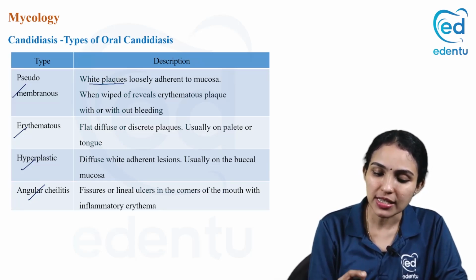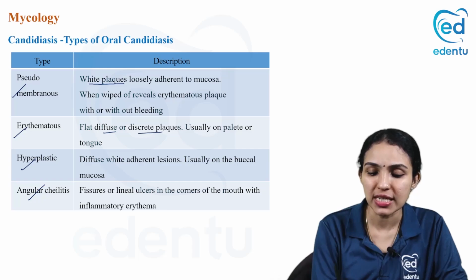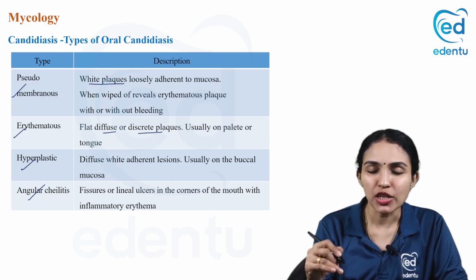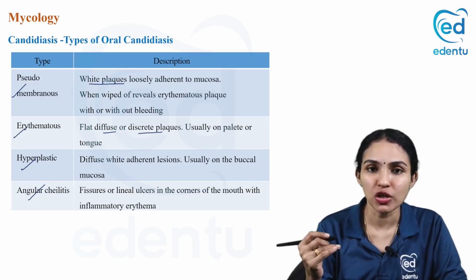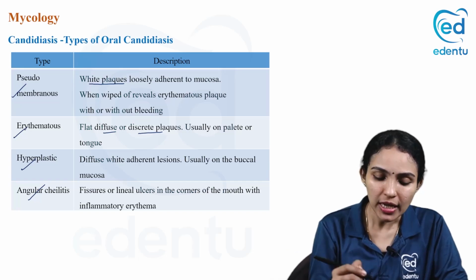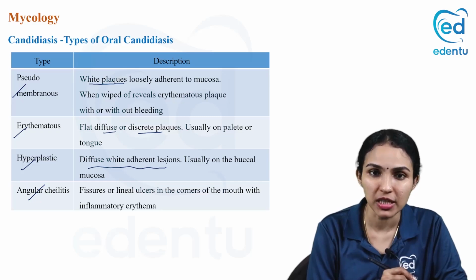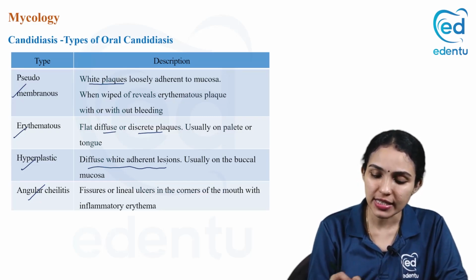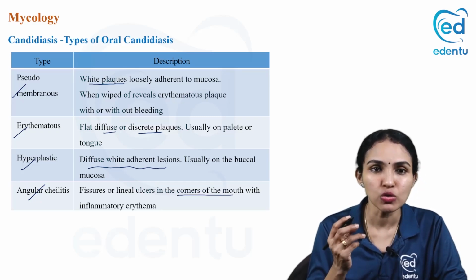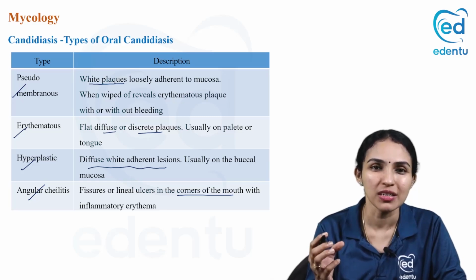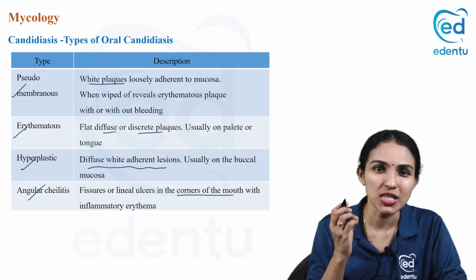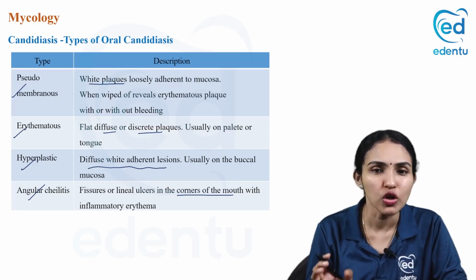Erythematous lesions can be diffuse or discrete plaque-like lesions. Usually they are seen on the palate or tongue. Hyperplastic lesions are also diffuse white adherent lesions, usually seen on the buccal mucosa. Angular cheilitis is seen in the corners of the mouth with inflammation, erythema. It can be like fissures over the corners of the mouth, or ulcers.